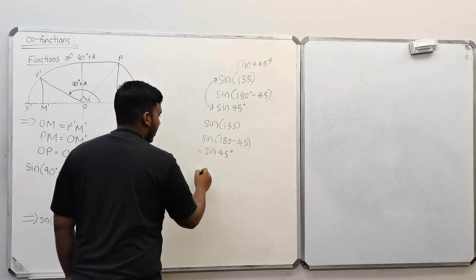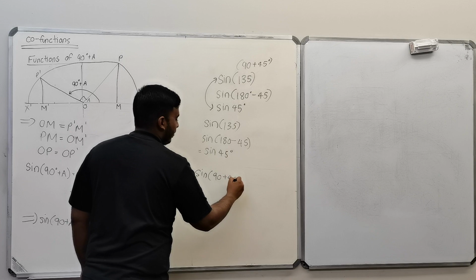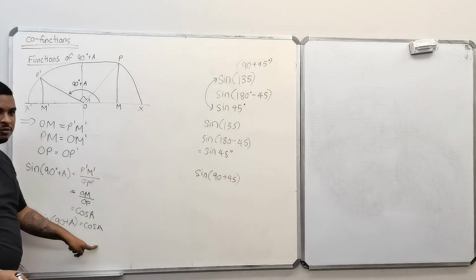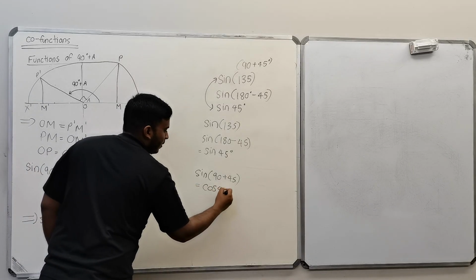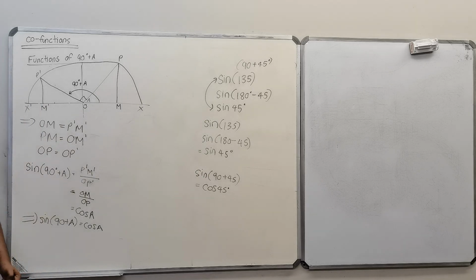Or you could have said sine of 90 plus 45, and we said sine of 90 plus an angle is equal to cos of that angle, right? So you say cos of 45 degrees. Understand?